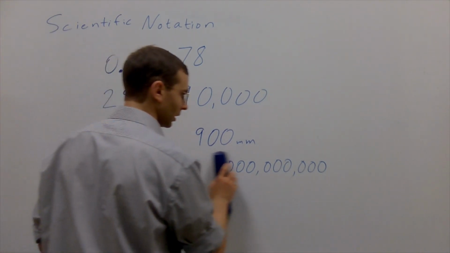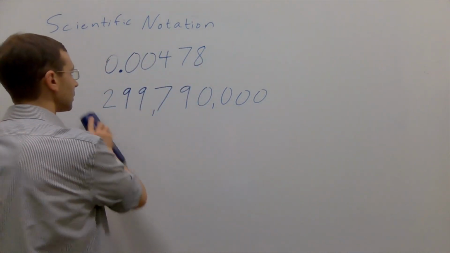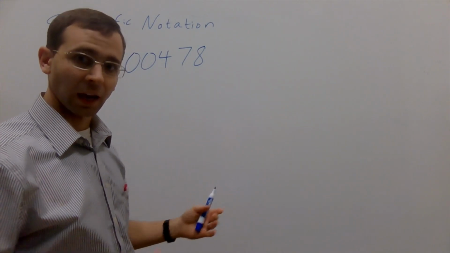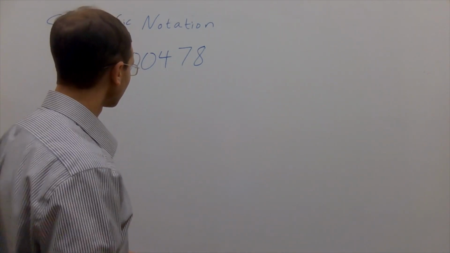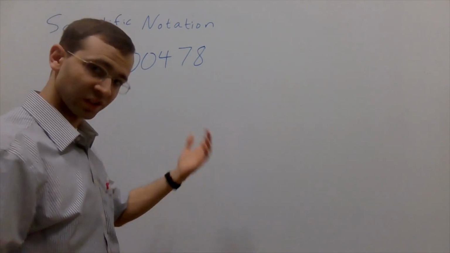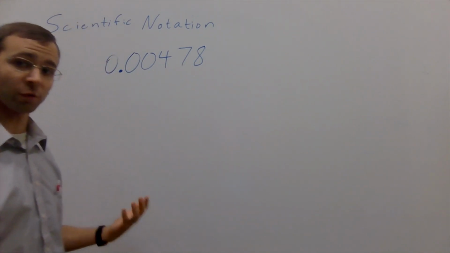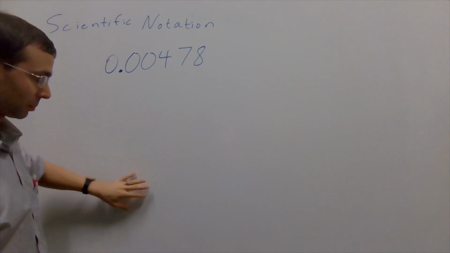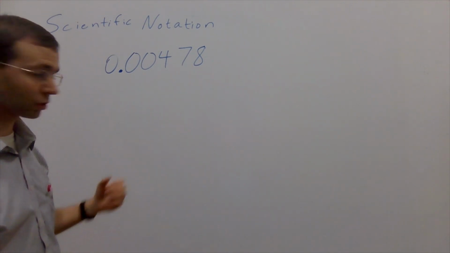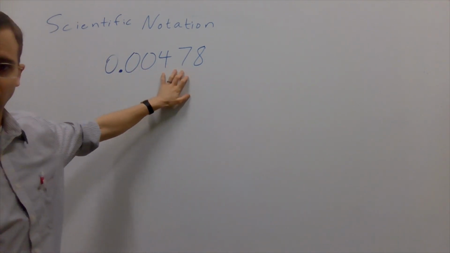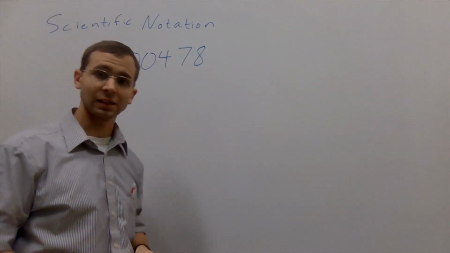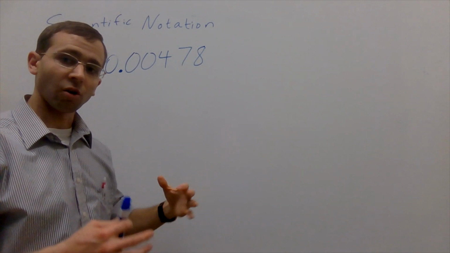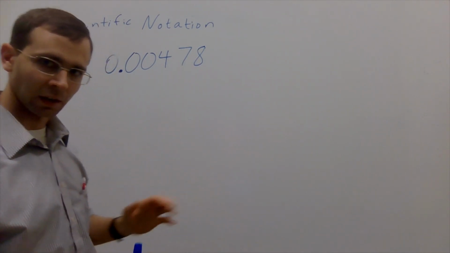Scientific notation splits up a number into its significant figures and its order of magnitude. Significant figures we've seen already, and its order of magnitude is simply how big or how small it is. So there are big numbers like our 14 trillion, or some smaller numbers like our 478 10,000ths. These can all be put together in a nice tidy format.